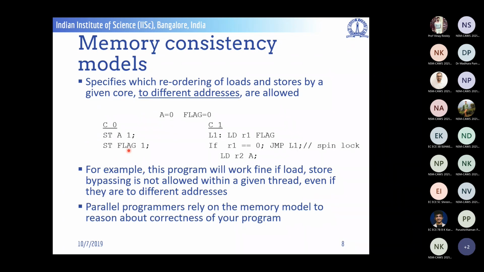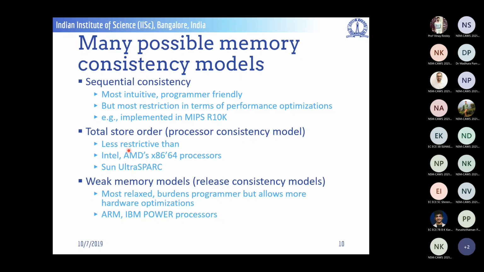Now, as I mentioned, there are many different types of memory consistency models. We'll start by talking about the most intuitive but strictest memory consistency model, called the sequential memory consistency model. This is the most programmer friendly, but it also limits performance optimization. Then we'll talk about a slightly more relaxed model called total store order, also called the processor consistency model.